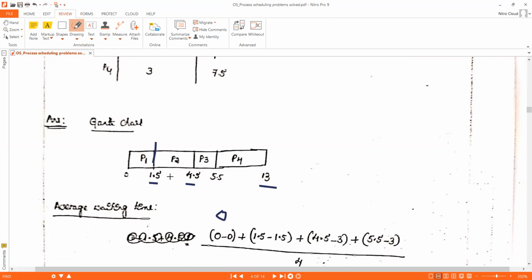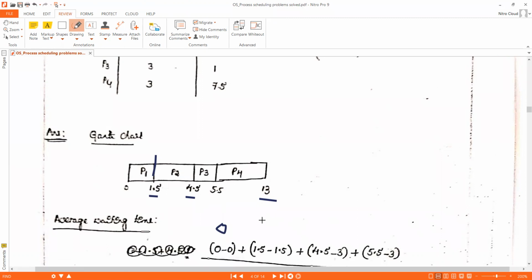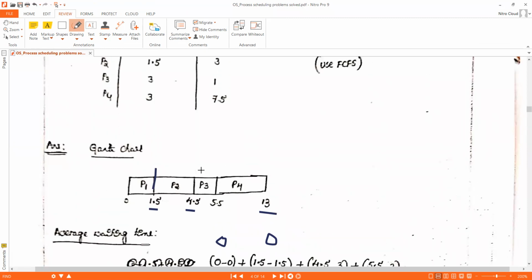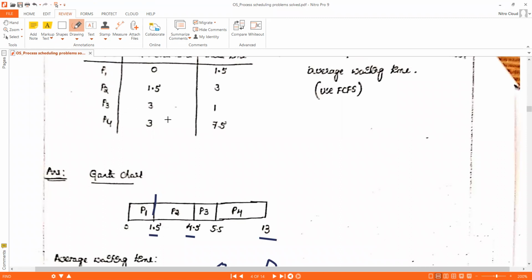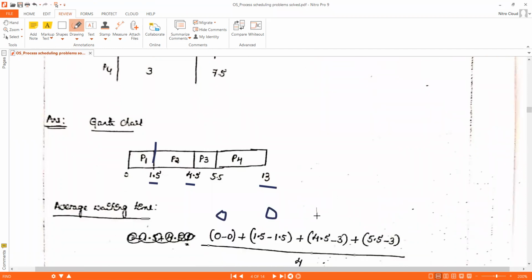Okay. Next, process 2's allotted time is 1.5 minus process 2's arrival time, which is 1.5. Okay, 1.5 minus 1.5, it is 0. 0 is the waiting time for process 2. Okay, next process 3's allotted time is 4.5 milliseconds, but its arrival time is 3 milliseconds. 4.5 minus 3 milliseconds, we will get 1.5 milliseconds.